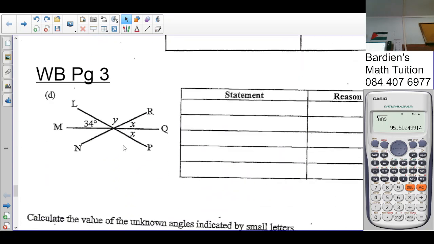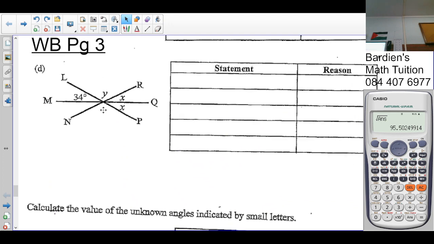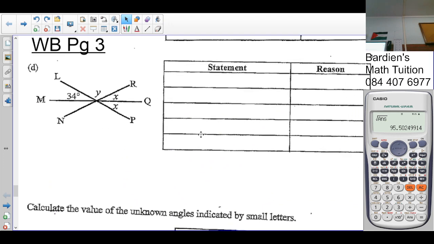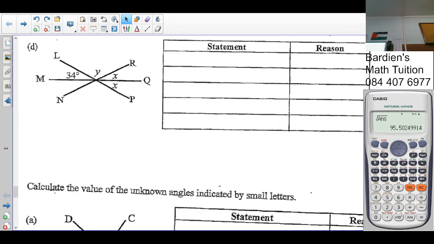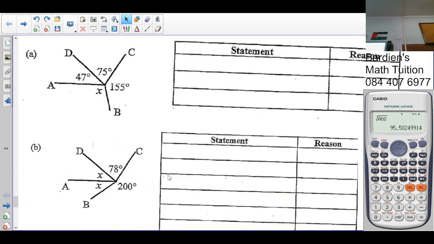Right, so now we're on page 3, number D. I'll give you a chance to do this. Or for homework, I would like you guys to do page 4. That was the last one, no? So there you went vertically opposite, then angles on a straight line.